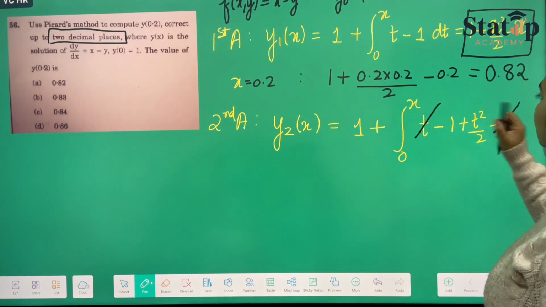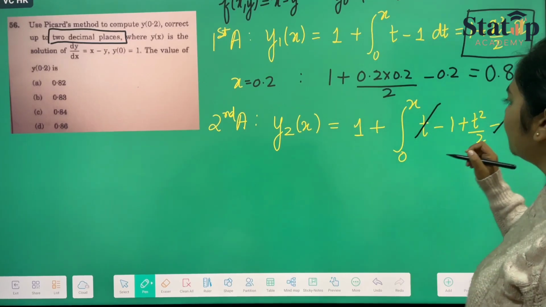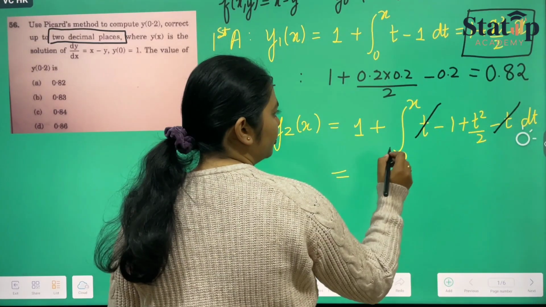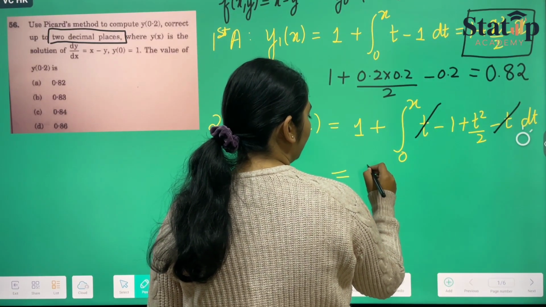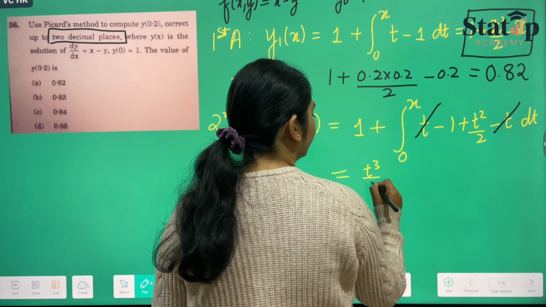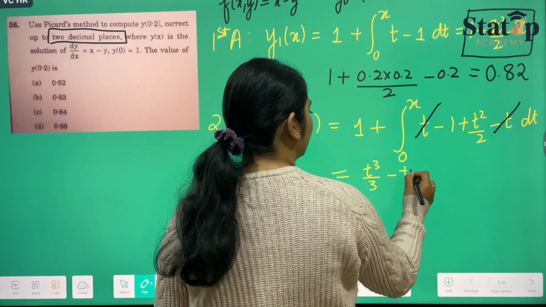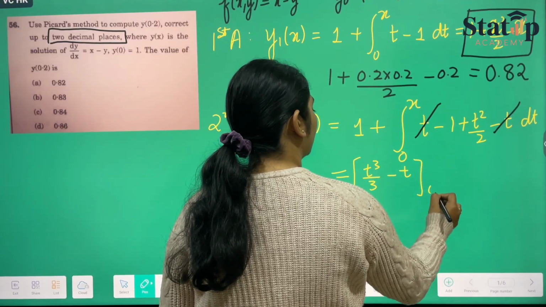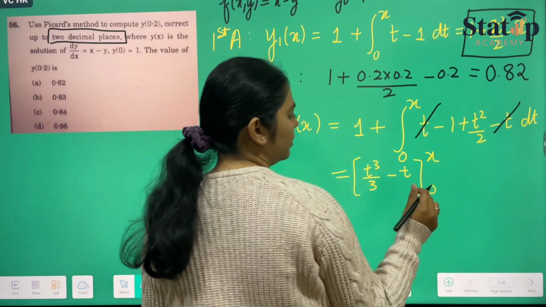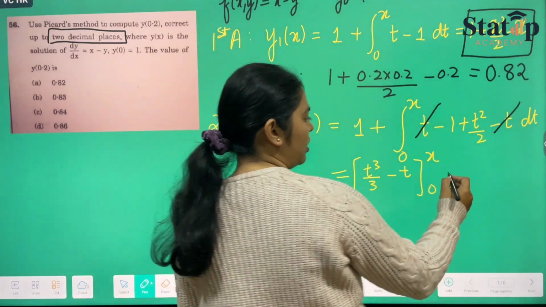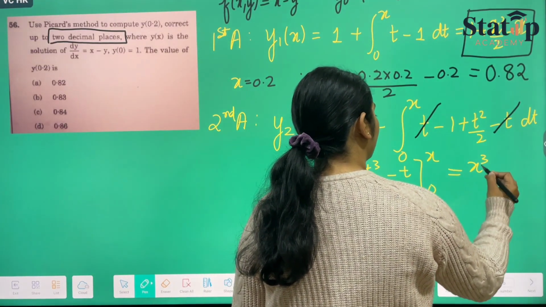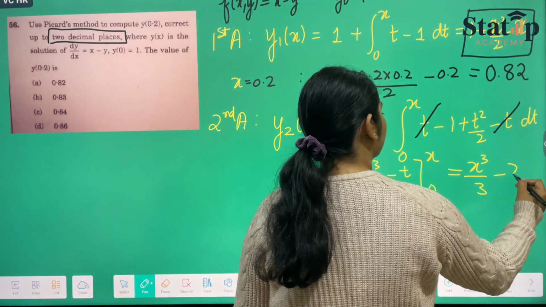This plus t and minus t will get cancelled and this will be dt. And our answer will come out to be t cube by 3 minus t, with our limits x and 0, and this will be equal to x cube by 3 minus x.